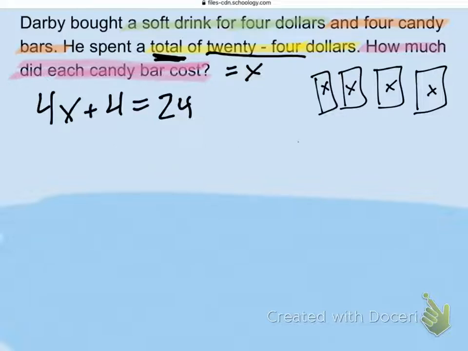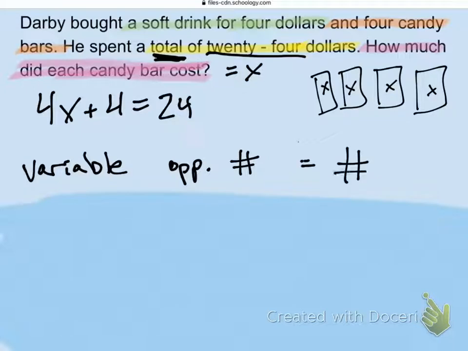When we write an equation, you must have a variable, an operation, a number, an equal sign, and another number. You can also have a number possibly in front of the variable. You might have certain things like that, but this is the formula that it follows.